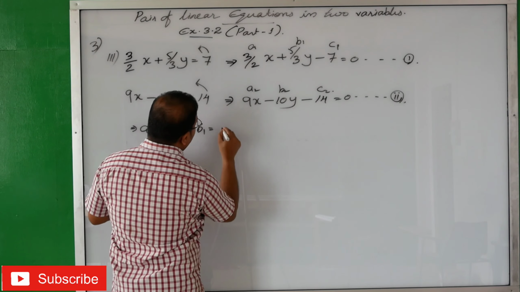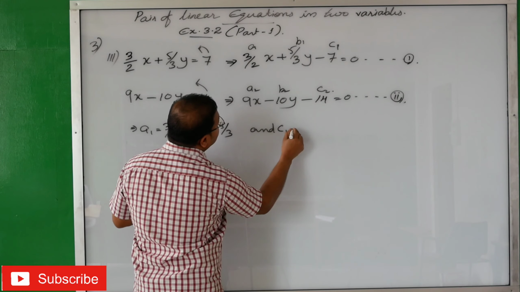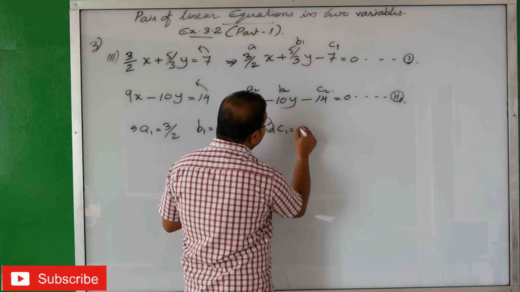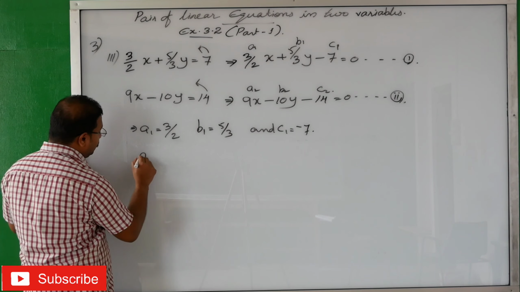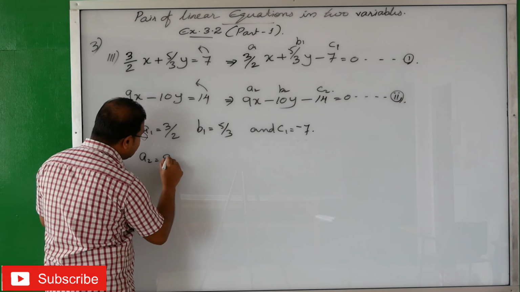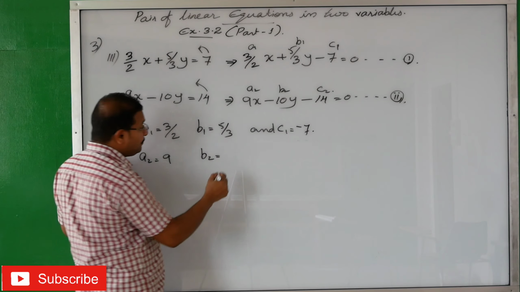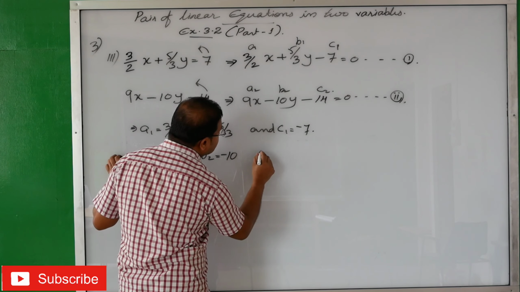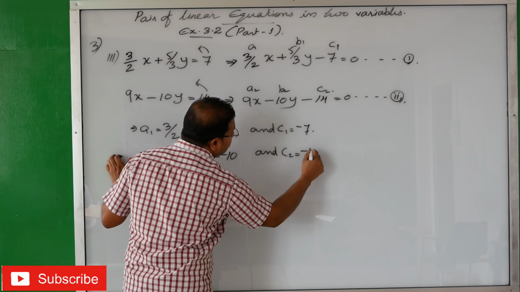B1 is 5 by 3. And C1, what is the value of C1? That is minus 7. Now, let's see A2. A2 is, from the second equation, 9, and B2 is minus 10, and C2 is minus 14.